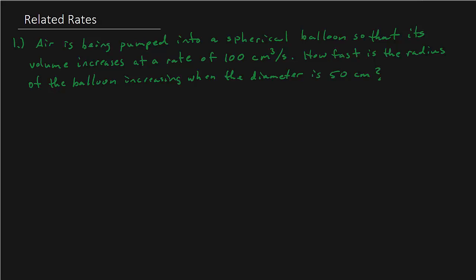All right, so let's see what it's telling us. Air is being pumped into a spherical balloon so that its volume increases at a rate of 100 cubic centimeters per second. So the key here is the volume. We know we're working with the volume of a sphere, and they want to know how fast the radius is increasing when the diameter is 50 centimeters.